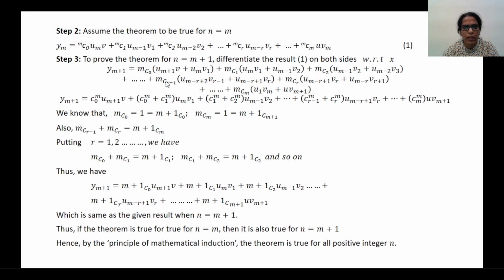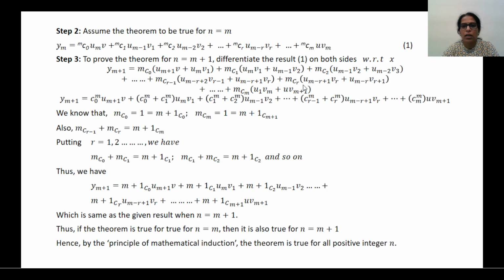Likewise, for mC(r-1) we have found the previous term and its derivative, giving terms in v(r-1) and vr. Plus mCr, the differentiation of this term again with respect to x gives u(m-r+1) into vr plus u(m-r) into v(r+1).